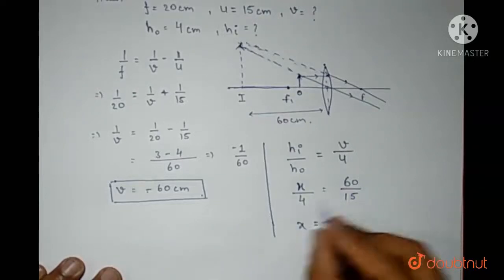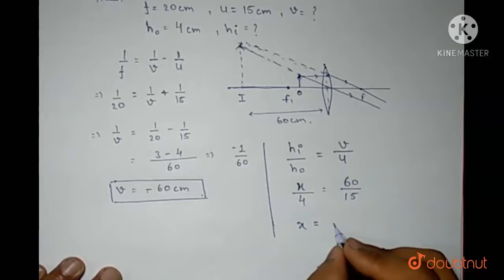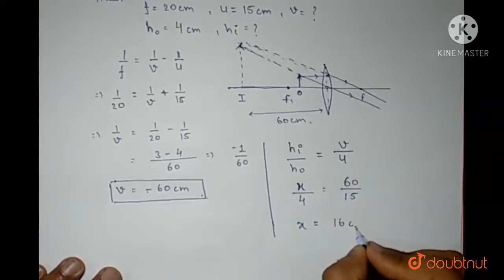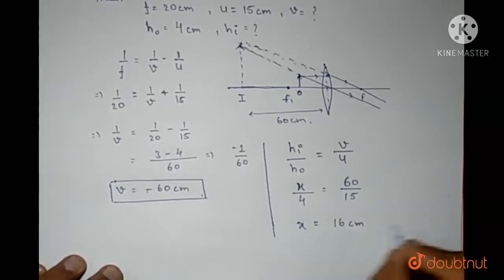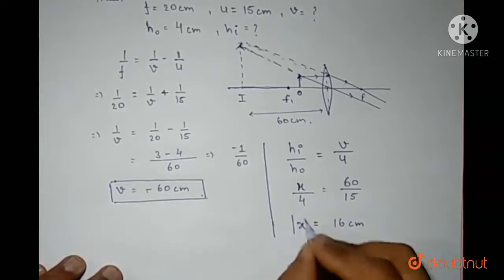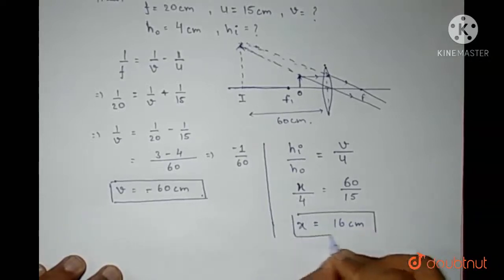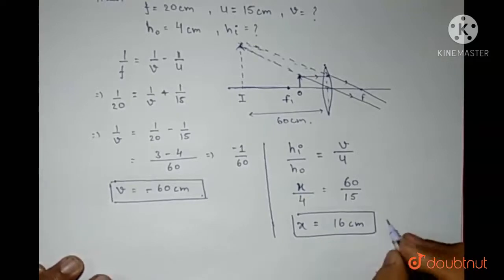When I cancel out and cross multiply, it will be 16 centimeter. So the height of the image is 16 centimeter.